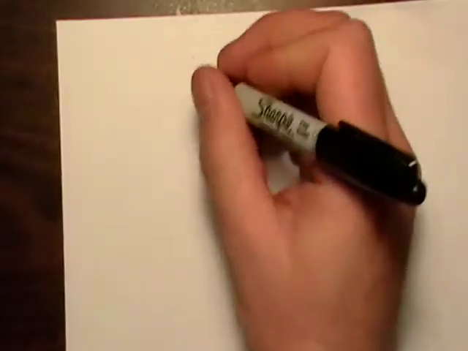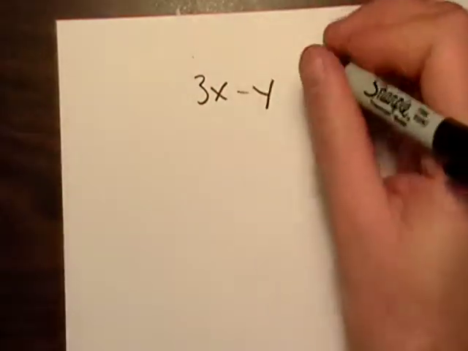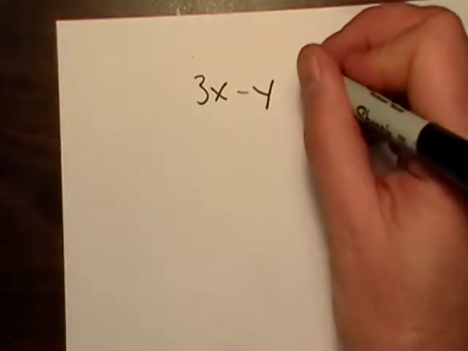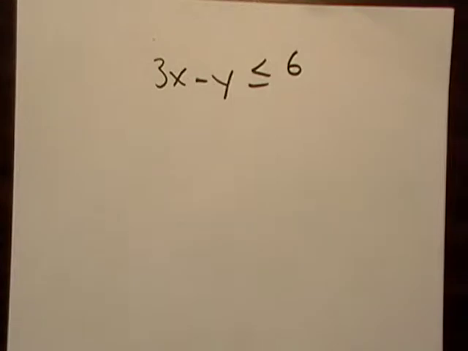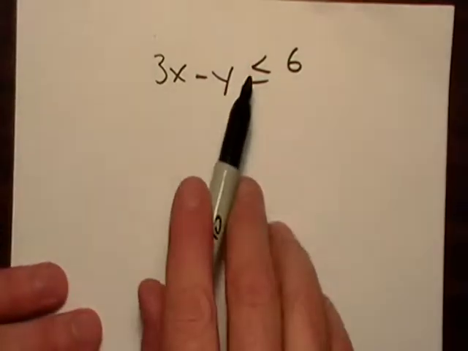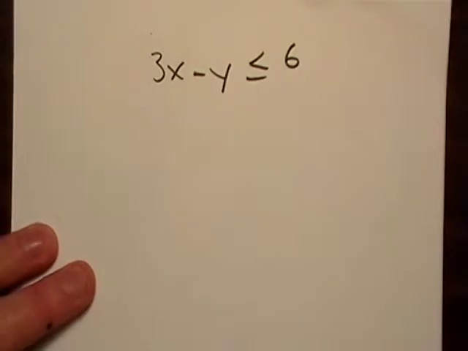What do you say we do one more? Okay, same deal. Notice the greater than or equal to sign, so we've got a hard line that's included.